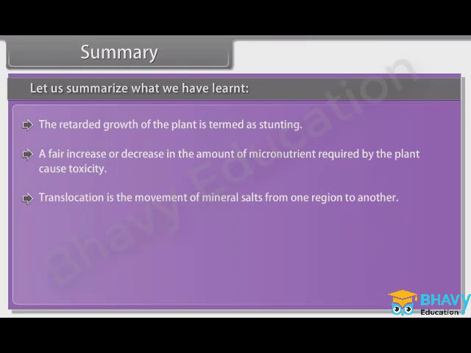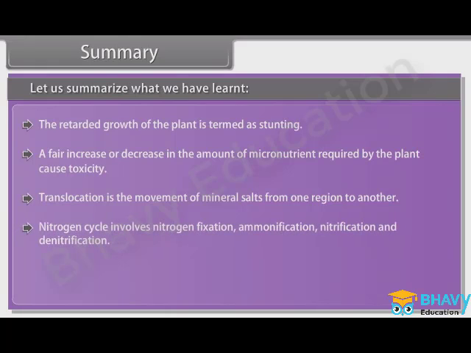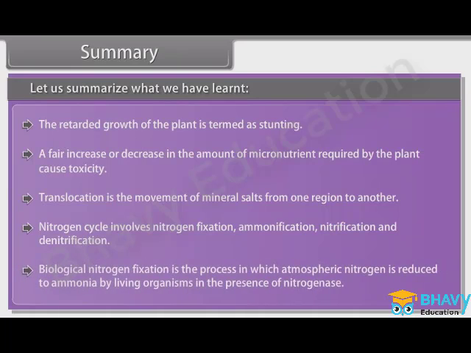Translocation is the movement of mineral salts from one region to another. Nitrogen cycle involves nitrogen fixation, ammonification, nitrification and denitrification. Biological nitrogen fixation is the process in which atmospheric nitrogen is reduced to ammonia by living organisms in the presence of nitrogenase.